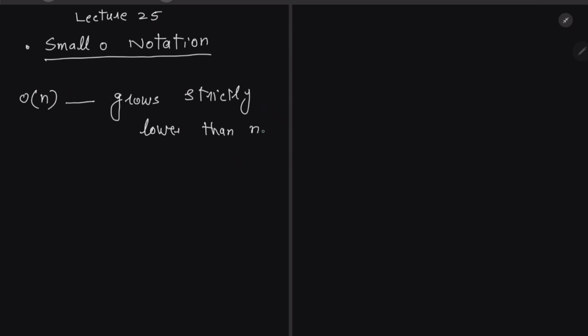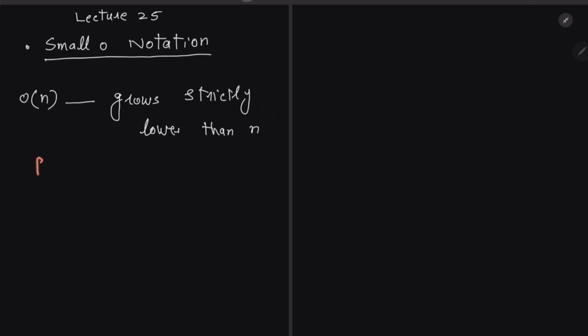Now you must be thinking, what does that mean? We will talk about those functions where this function is slower than the other function. Let me go back to big O notation first.